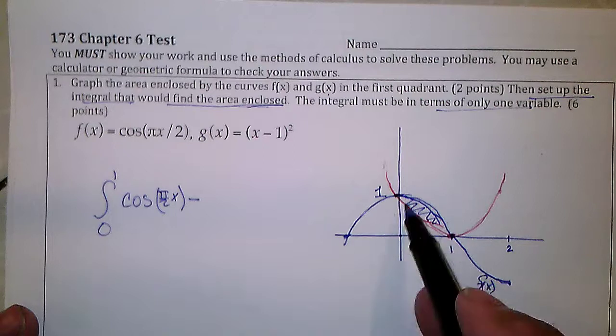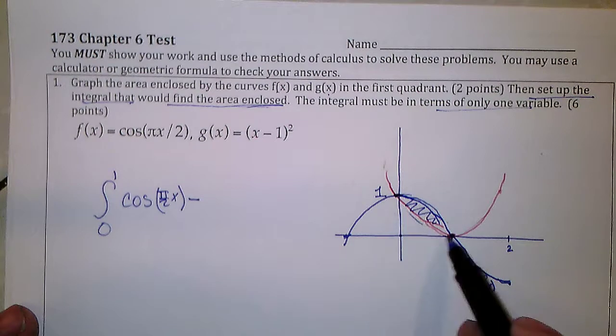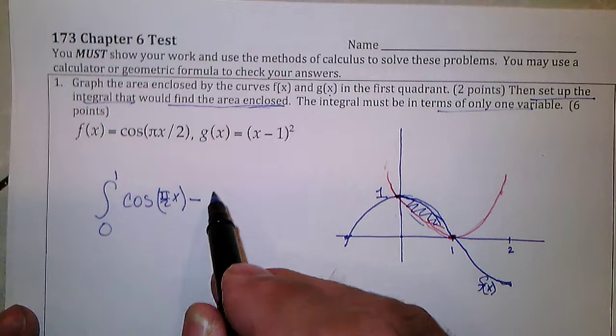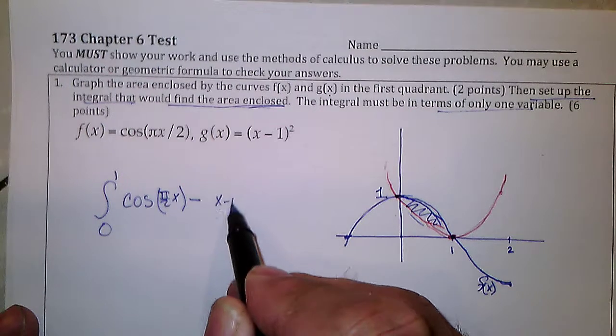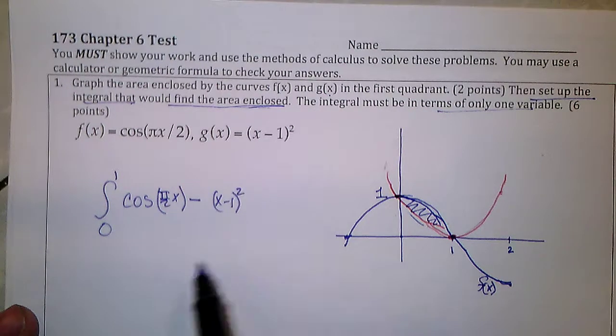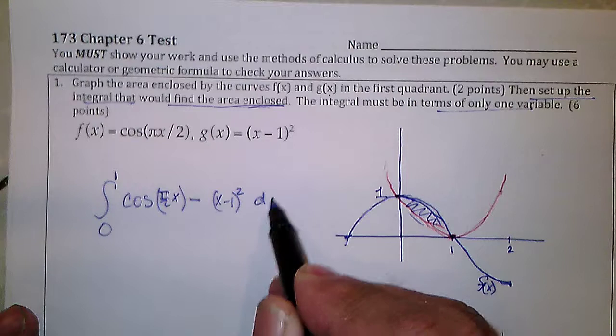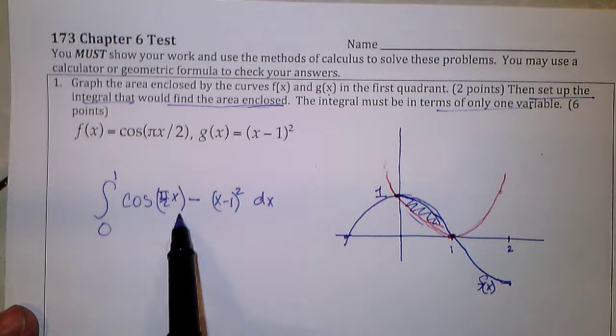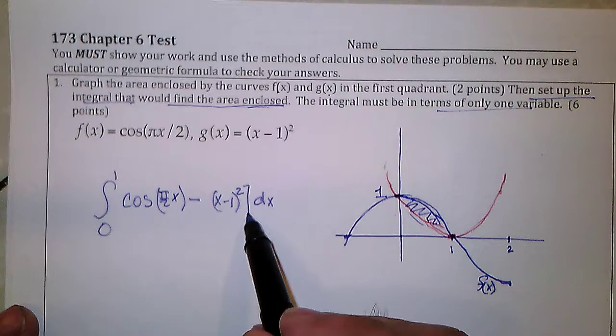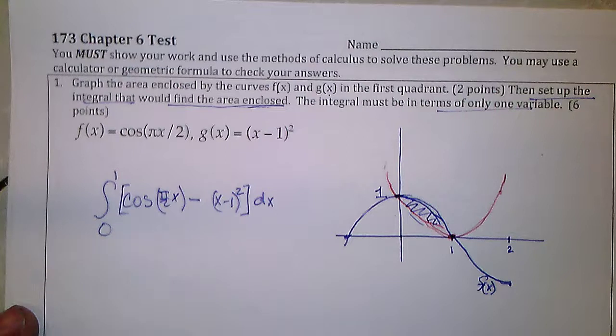So the area under the high curve would be all of this minus the area under this curve. So we subtract x minus 1 squared dx. The top curve minus the bottom curve. So there's the setup. That's all I asked for.